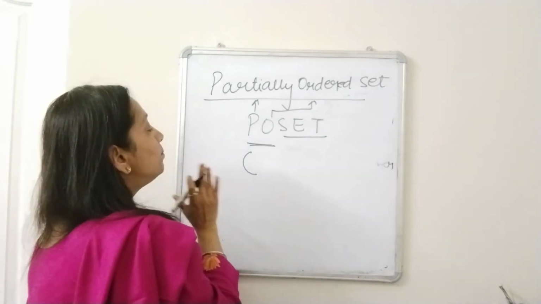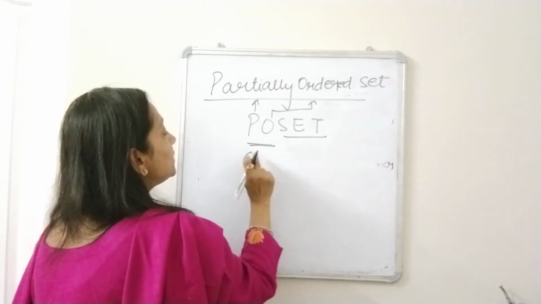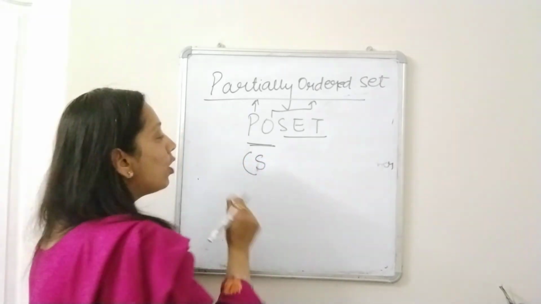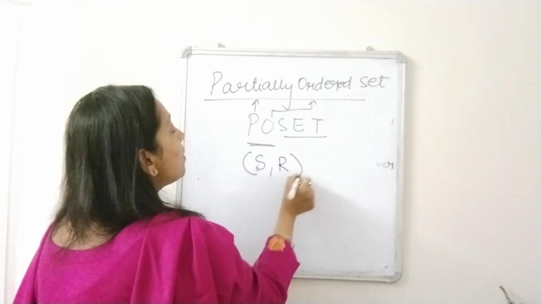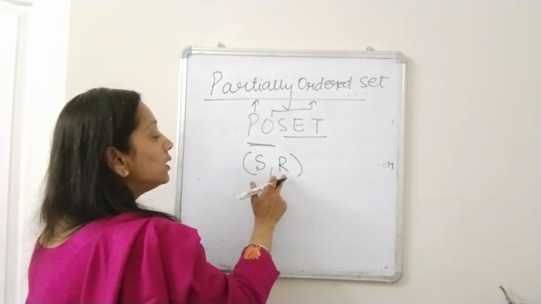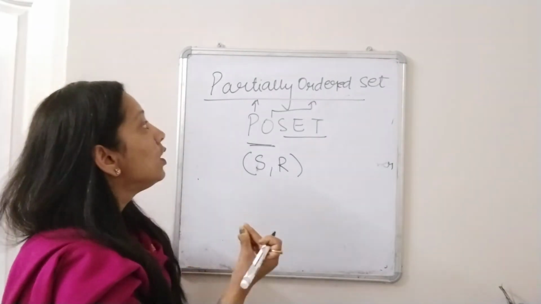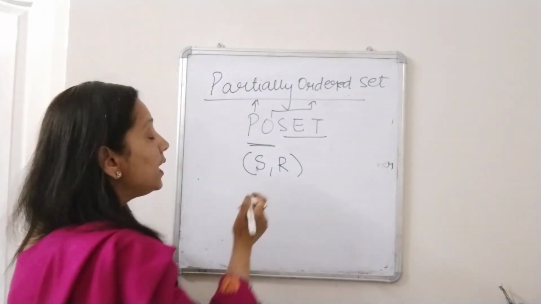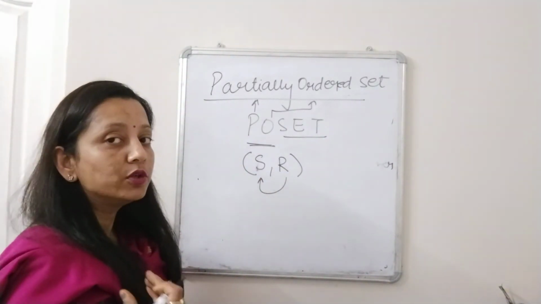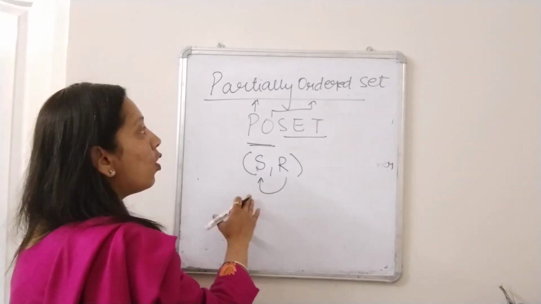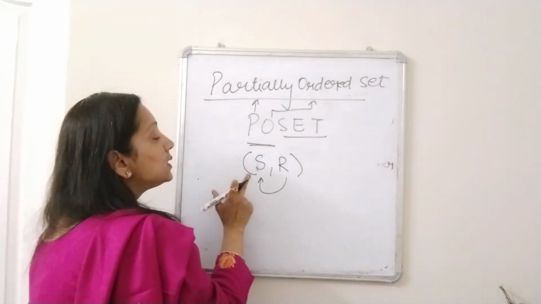So a partial ordering on a set is represented like this: S comma R, because a relation which will be called a partially ordered set, or which will be called a partial ordering, is based on a particular set. A relation is always formed on a set. So this relation will be called a partially ordered set, and it is based on this set.